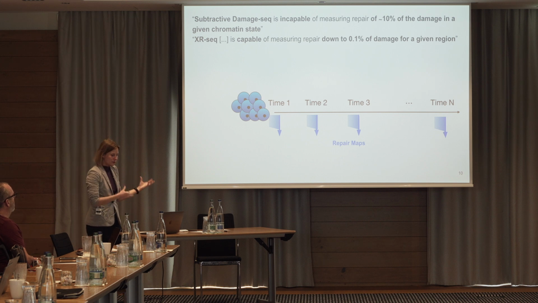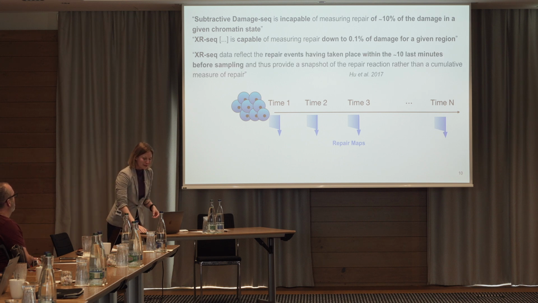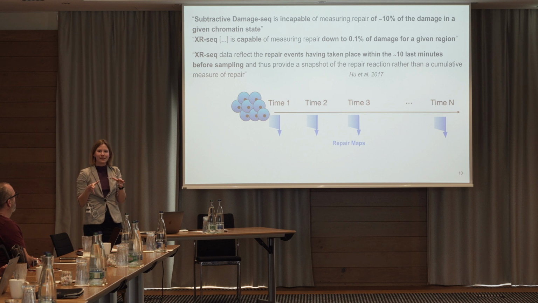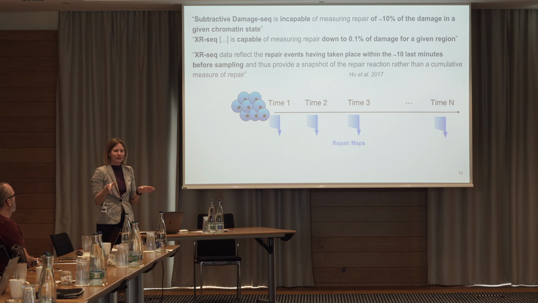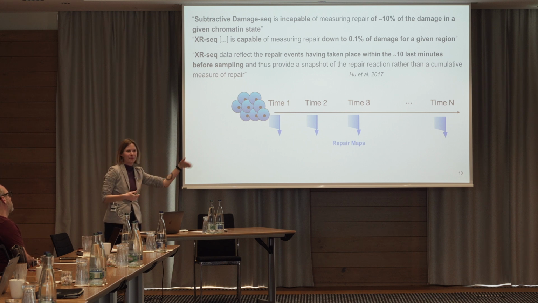So in theory, we should use XR-seq, right? But the problem is that those excised fragments have a short lifetime before they get destroyed. So the XR-seq only reflects around 10 minutes of the excision process from the sampling time. And we are not sampling every 10 minutes. They are sampling every few hours, right?